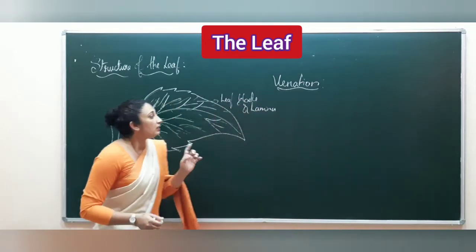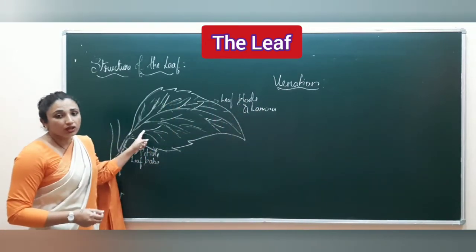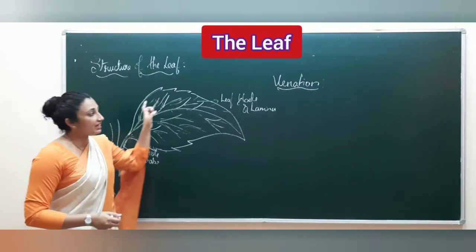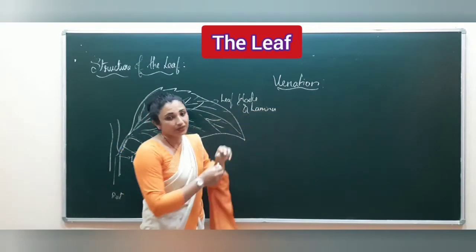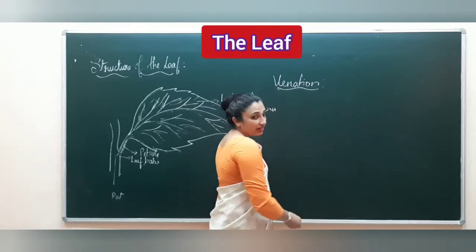So coming back, the arrangement of the network of veins on the leaf is known as venation. The question may be asked, define venation.